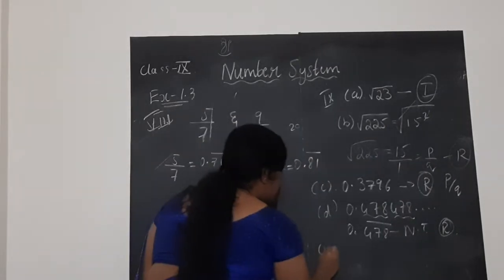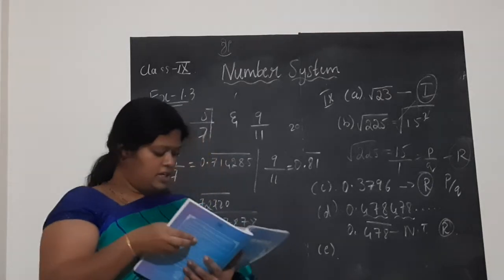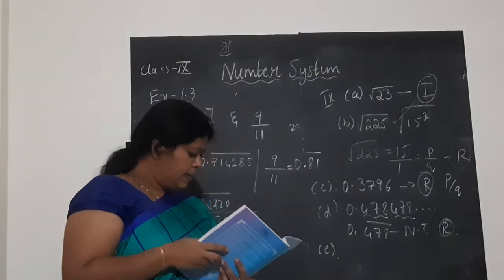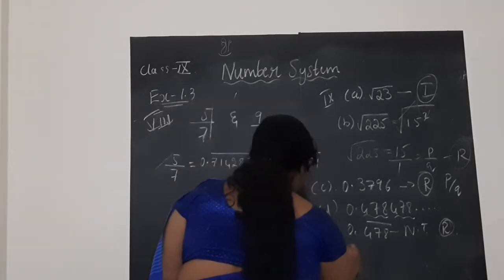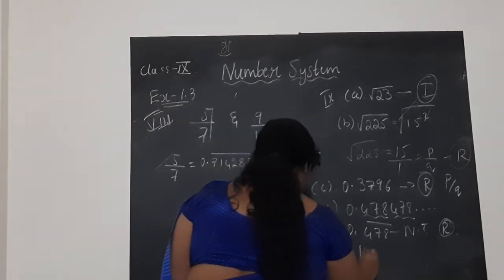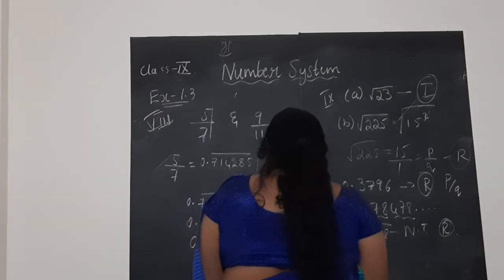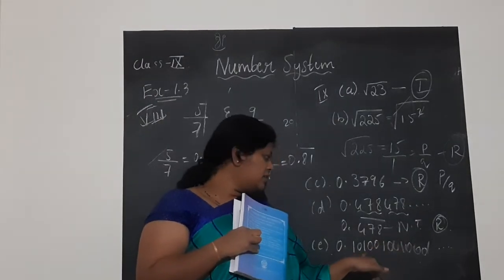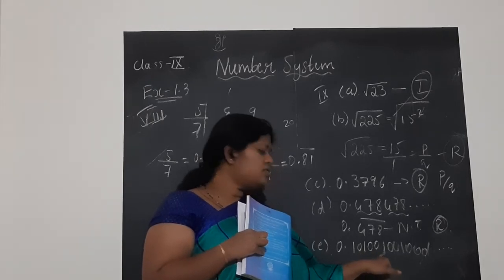So last question, children. What is the question? See, it is 0.10100. It is not recurring. If you take 101, no, 001 is there.